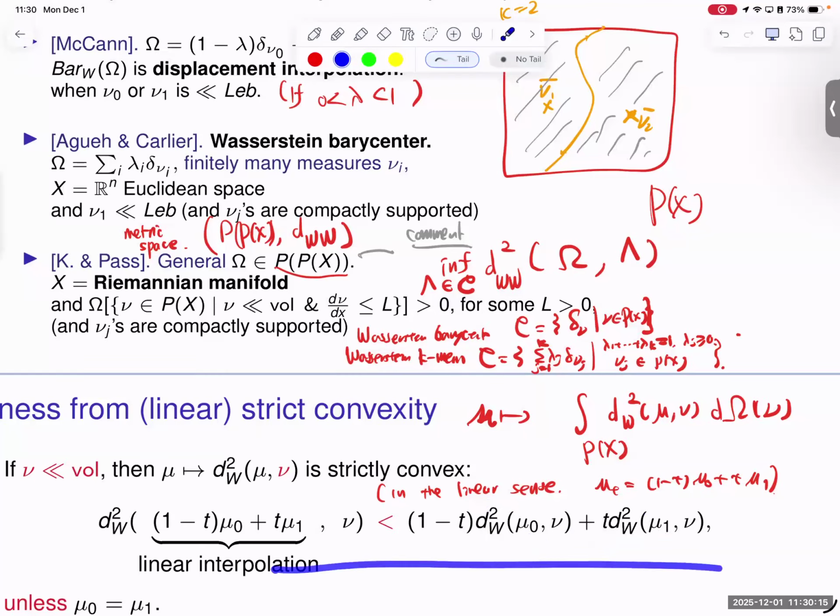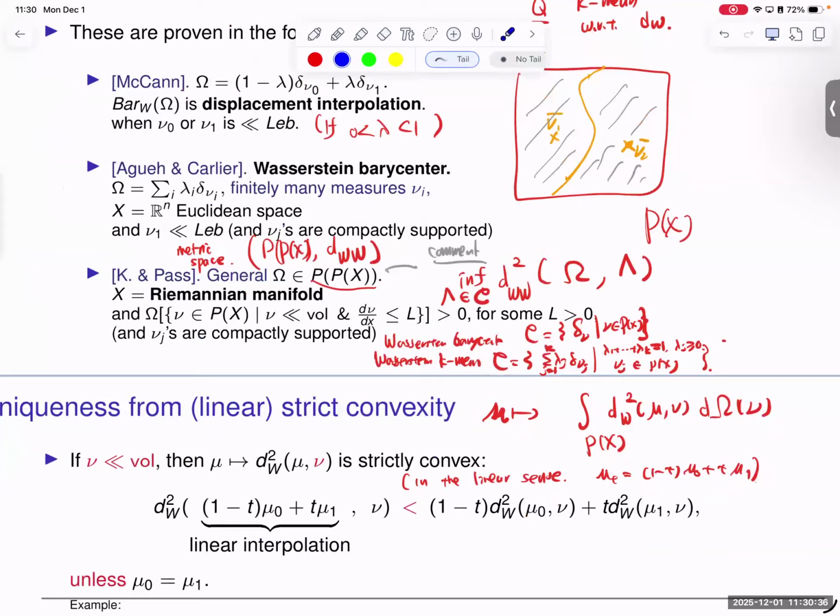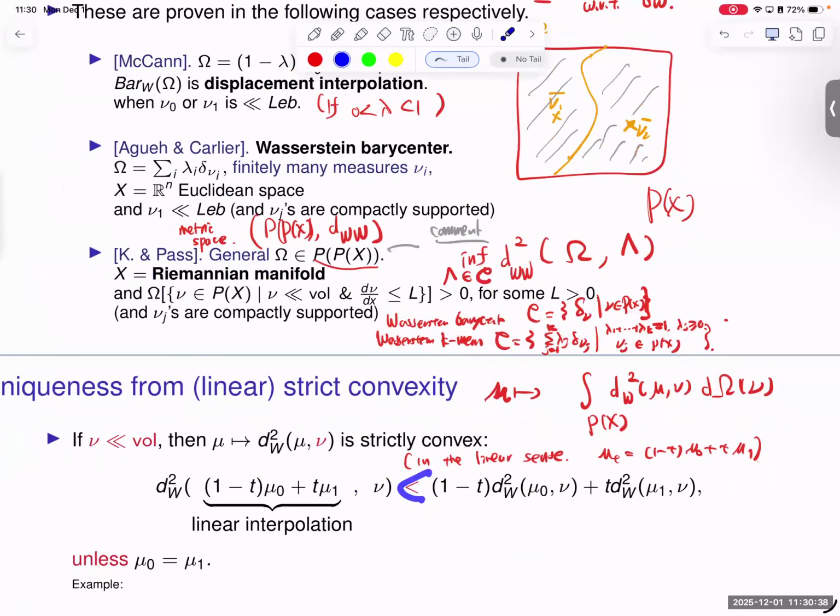But here, if nu is absolutely continuous, then you have even strict inequality. That is strict convexity. Of course, this is when these are not equal; otherwise you have equality.